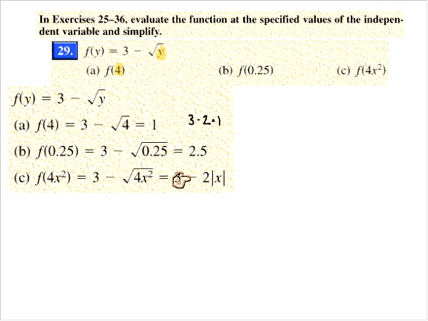The square root of 4 is 2, and the square root of x squared is just x. But they're going to put the absolute value sign along there because we don't want x to be negative here, because it would change that minus to a plus sign, and that's not what our starting function was. So they just threw in that absolute value sign.